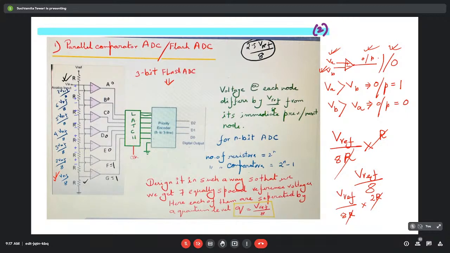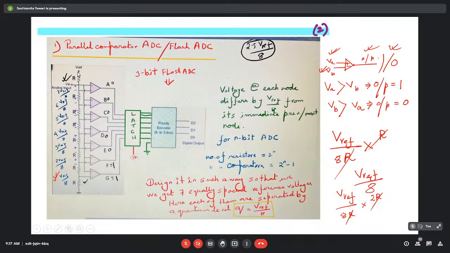It will be 2V reference by 8. So in this way, if we move in the upward direction, the reference voltage value will be 2V reference by 8, then 3V reference by 8, 4V reference by 8. Ultimately, it will go up to 7V reference by 8. So here 7 equally spaced reference voltages have been created.